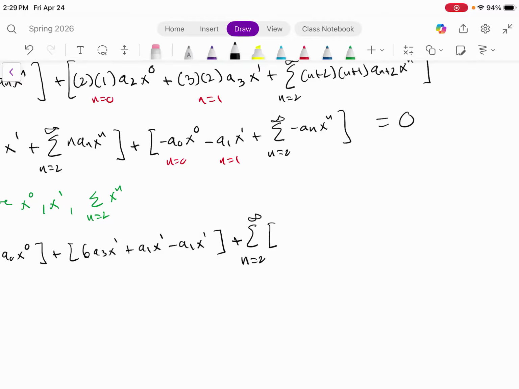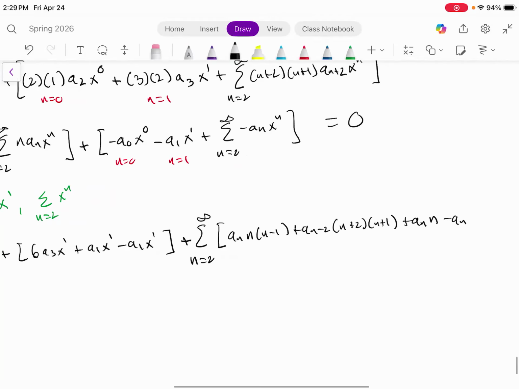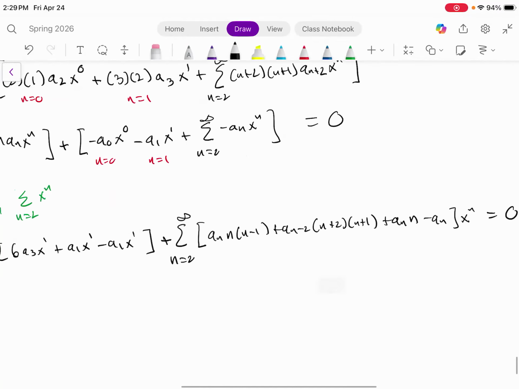Put some brackets there. This would be a sub n times n minus 1 plus a sub n minus 2 times n plus 2, n plus 1 plus a sub n times n minus a sub n. All this times x to the n because we factored that out, and it all equals 0.